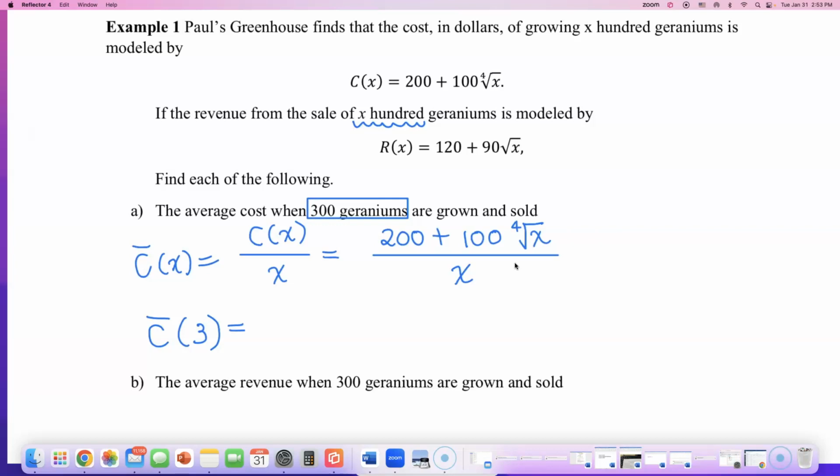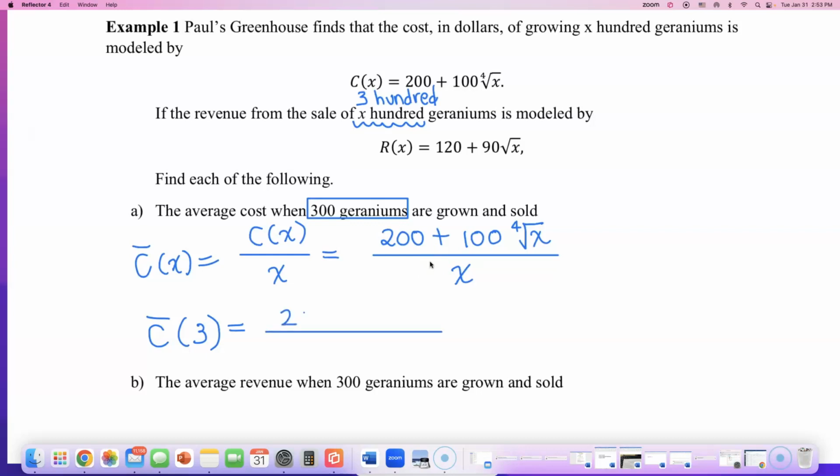So when they say 300, you see what X is, right? X has to be 3, not 300. So that's why I'm plugging in 3 into this function. Oh, I almost got the wrong thing. All right, let's plug in 3.